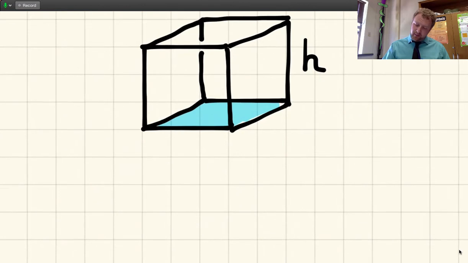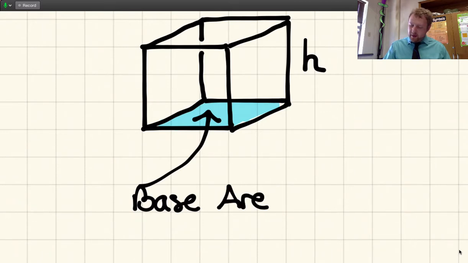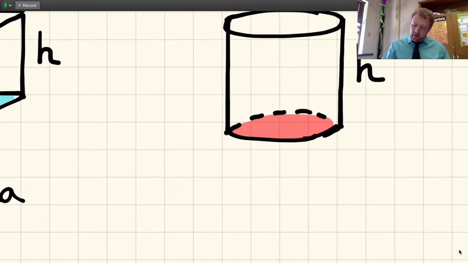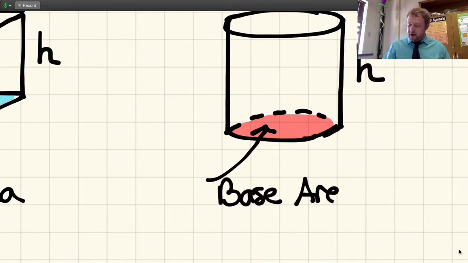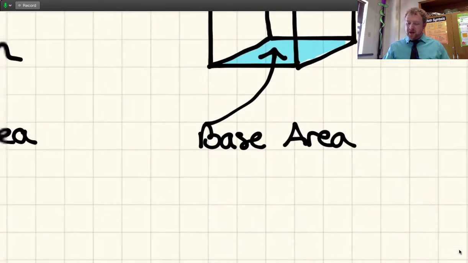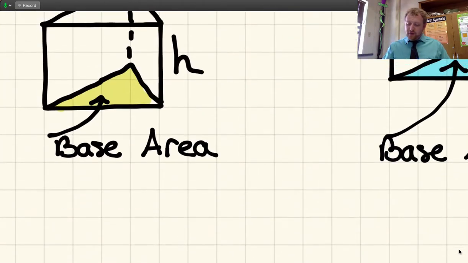And then over here, this is a base, and it has an area. And then over here, this is a base, and it also has an area. But each one of them is a little different. How do you find the area of a triangle?